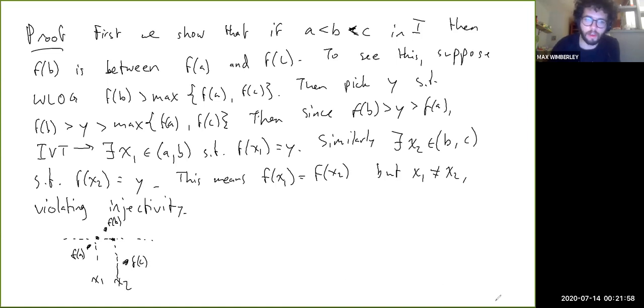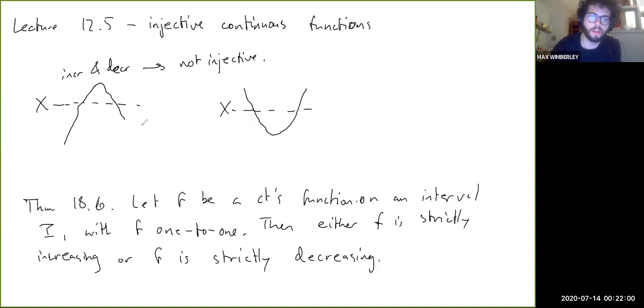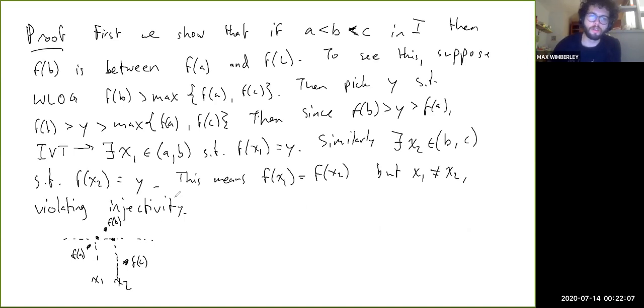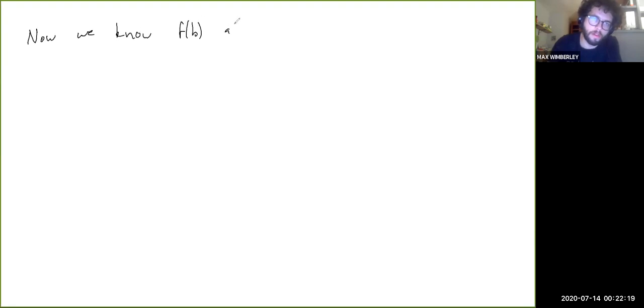It literally is exactly this picture, except we don't know which of these two endpoints is higher, but it doesn't matter. Okay, so that's the first part done. That's straight from the intermediate value theorem. So now we know that f of b is always between f of a and f of c when a less than b less than c.